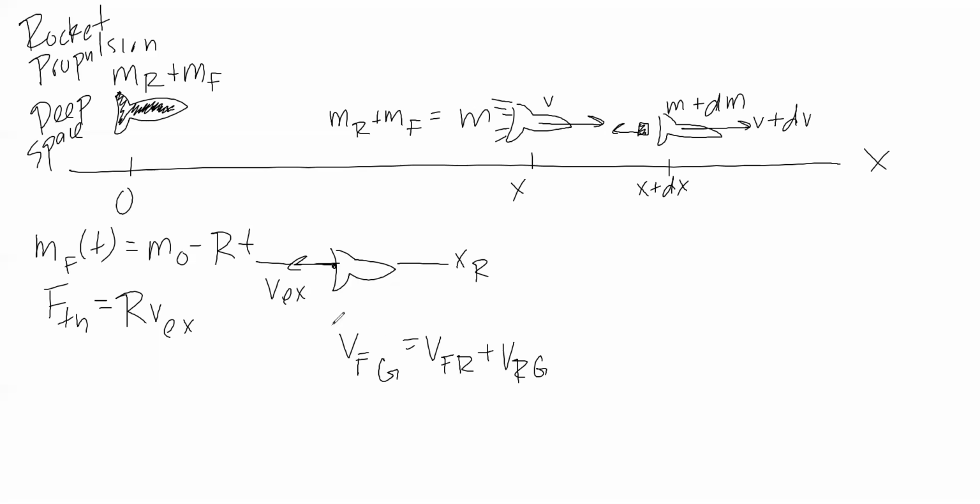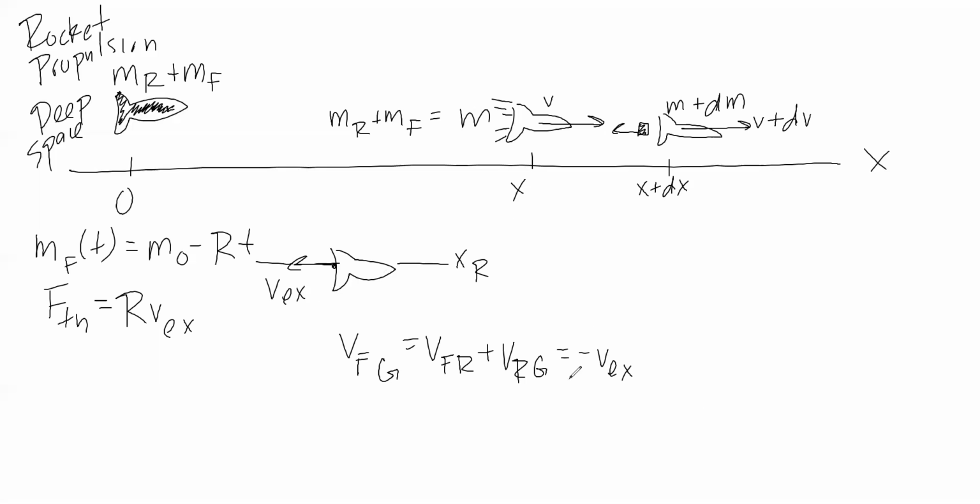The term on the left is what we want to put into this arrow pointing to the left. Let's be clear: the velocity of the fuel relative to the rocket is minus v_ex, because it points to the left when the coordinate system of the rocket points to the right.